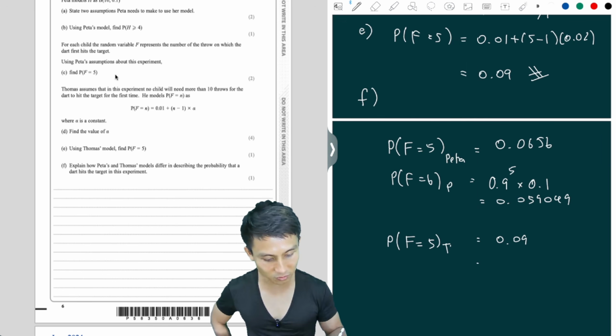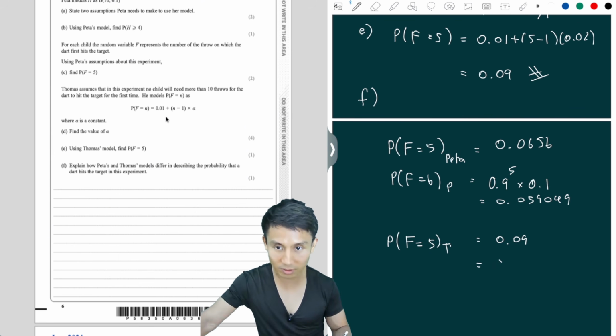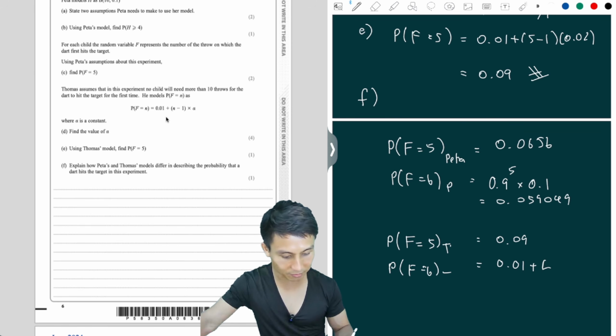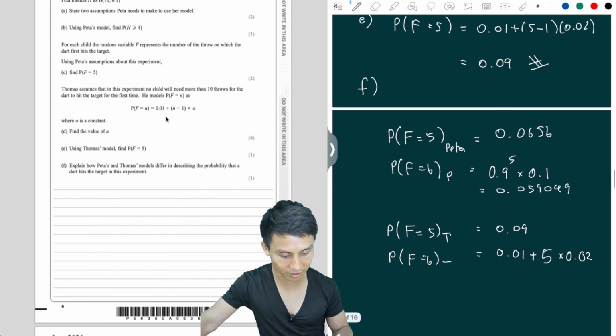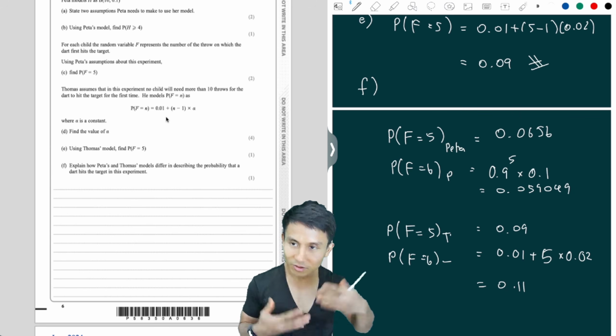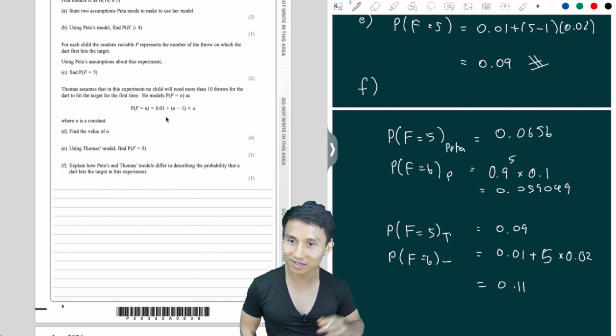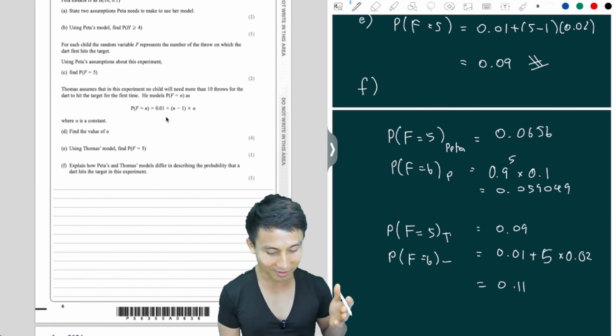But according to Thomas's model, it is 0.01 plus, n is now 6, so 5 times alpha, which is 0.02, right? So that's going to be 0.11. You see, that's even higher than before. It is contradicting Peters' model here.